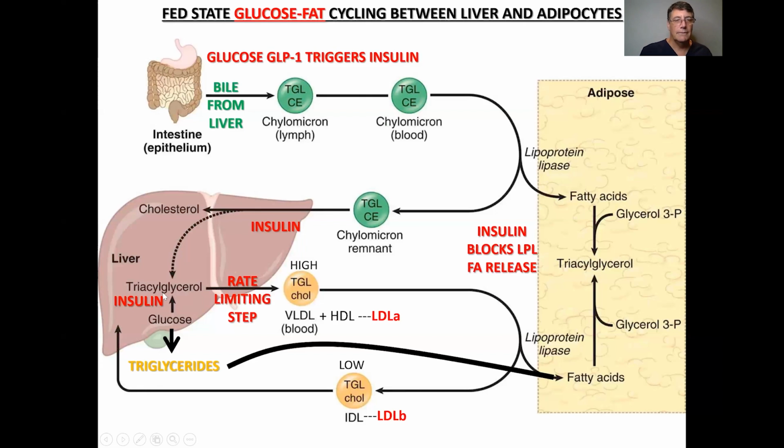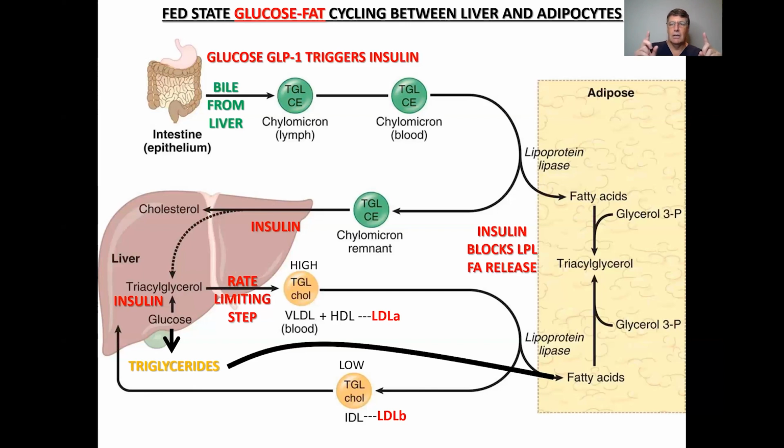In addition, the liver takes longer fatty acids, packages them in VLDL, and discharges them into the bloodstream as VLDL plus HDL, which becomes your LDL-A, or your big fluffy LDL, packaged with a lot of triglycerides, some cholesterol, some protein, as a delivery system, as a vehicle that goes from the liver to the fat cells.